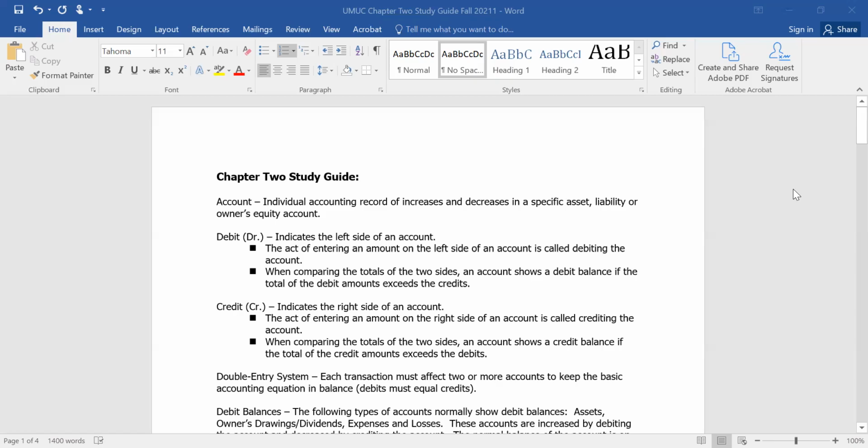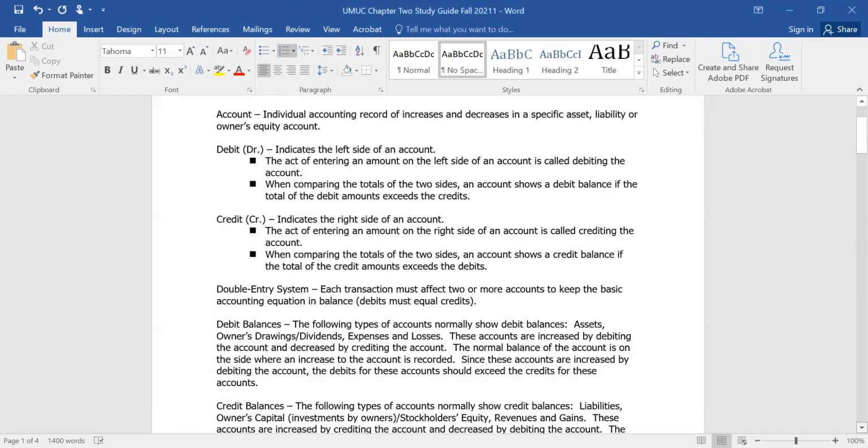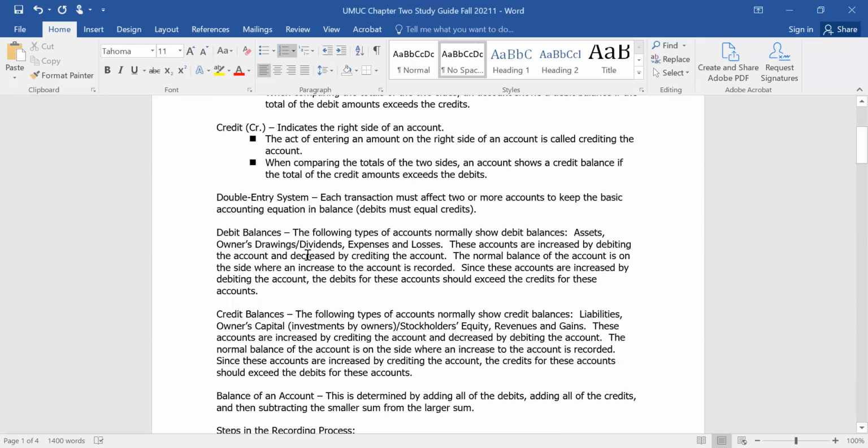If you can remember the types of accounts that increase with a debit and decrease with a credit, if you memorize those, you'll know all other types of accounts are going to increase with a credit and decrease with a debit. So I did list the accounts that increase with the debit balance: assets, owner's drawings, expenses, and losses, and the types of accounts that are going to increase with the credit.